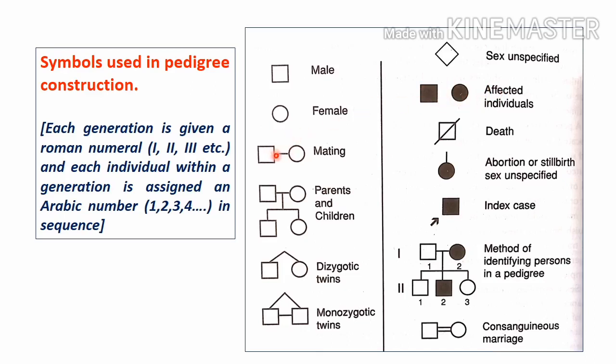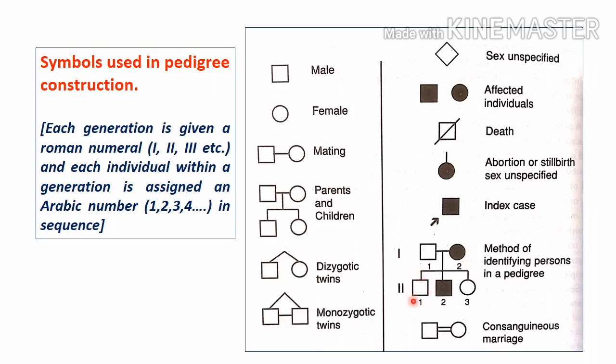This joining line shows the mating or the marriage, and this arrangement shows their children: first this is a son and then the daughter, and this Roman numeral is the generation. So these parents represent the first generation, and these children show the second generation, and their sequence in the second generation shows their sequence of birth.